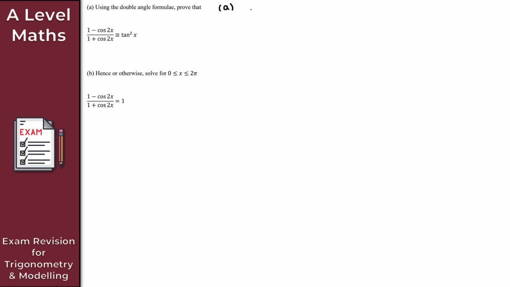Okay? We've got 1 minus cos 2x, and that's all over 1 plus cos 2x. Okay? So, as the question suggests, we need to use the double angle formulae here. So, we've got cos 2x.